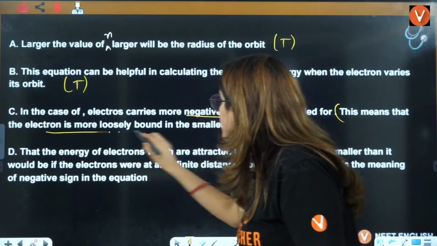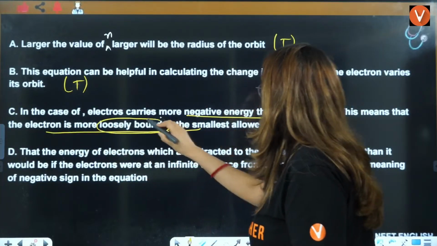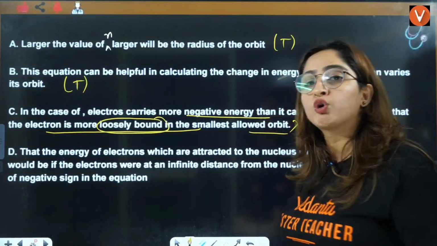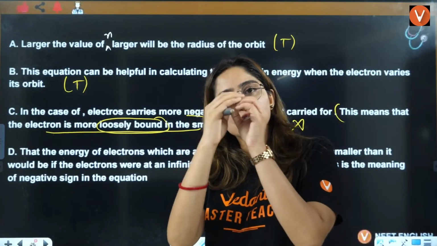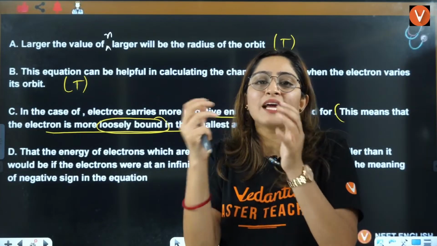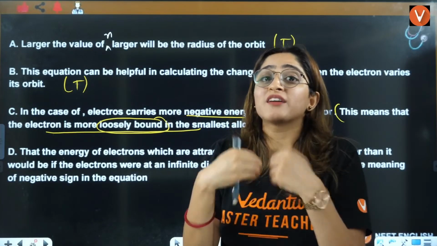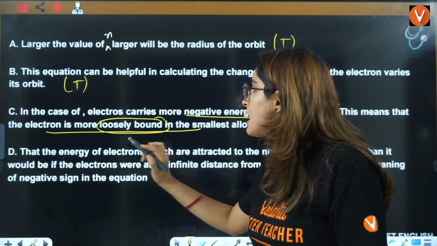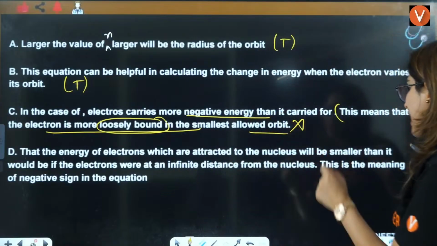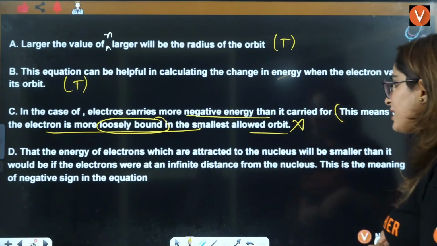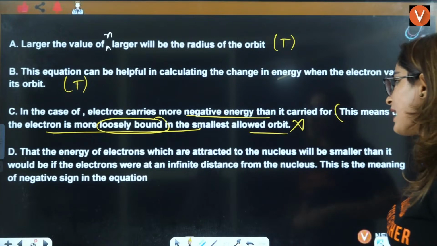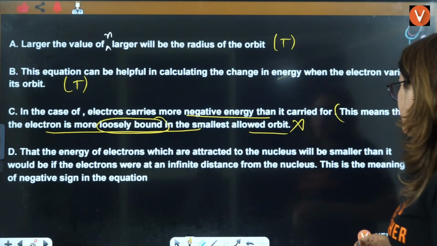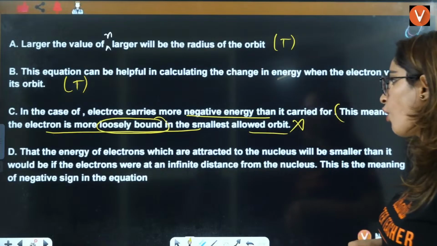So this is false. The energy of electrons which are attracted to the nucleus will be smaller than it would be if the electrons were at infinite distance from the nucleus. This is the meaning of the negative sign.